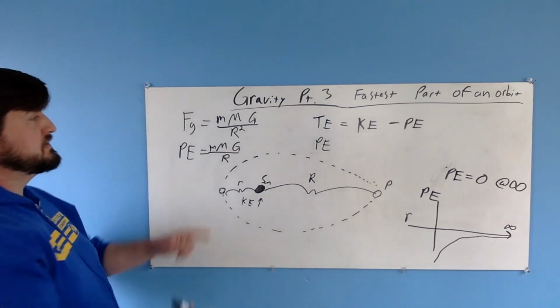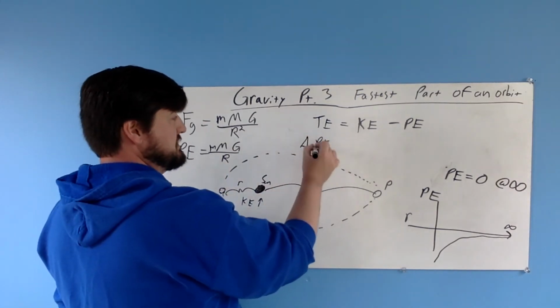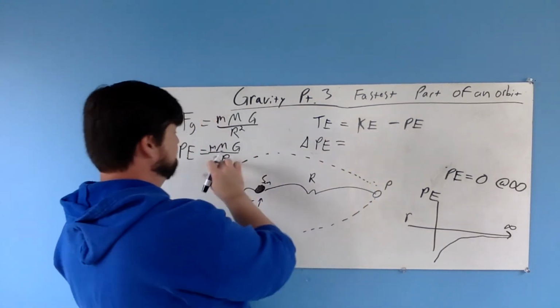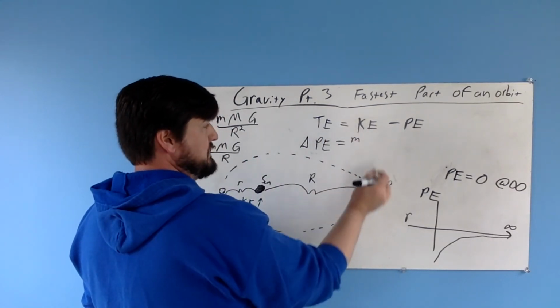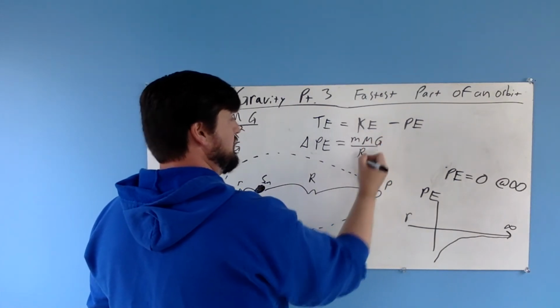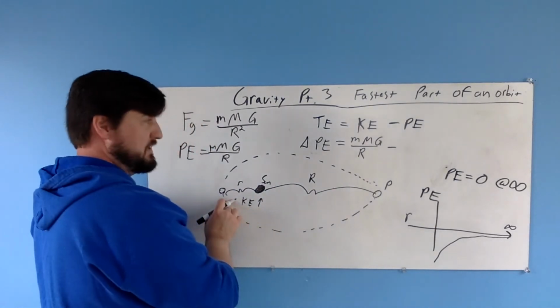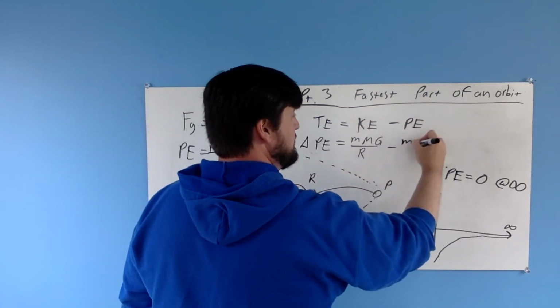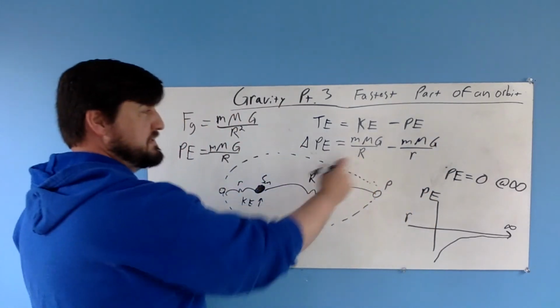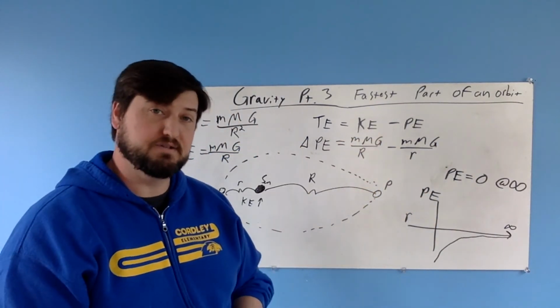So the change in potential energy as you go from here to there: out here would be more, so you get little m, big M, G over R. And as you come in here, it would be much less. It would be capital M, big G over little r. And the difference between those two would have to be your kinetic energy that you then have at that point.